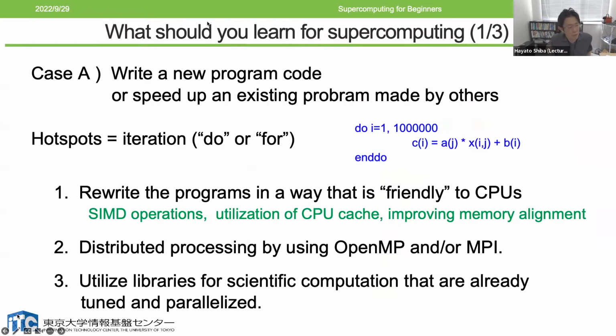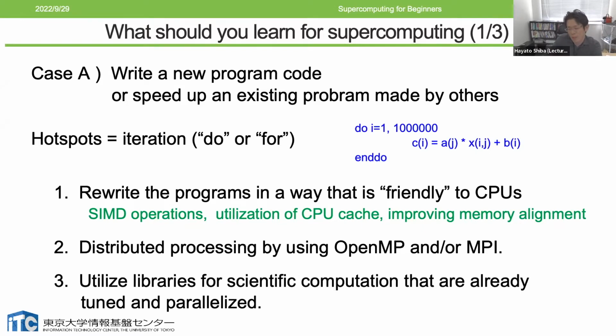In the following 3 slides, I am indicating what we should run for supercomputing. I am assuming 3 typical cases. One is when you want to write a new program code or speed up an existing program made by other people.